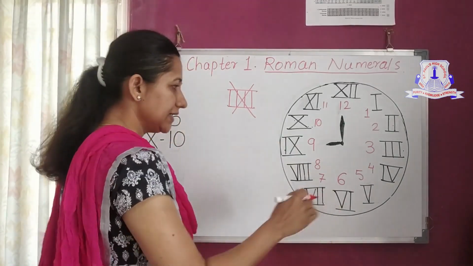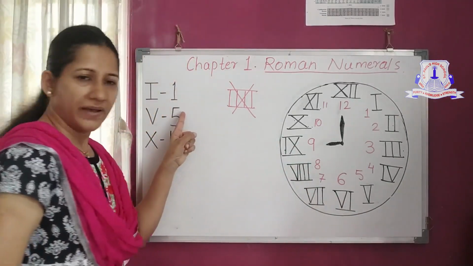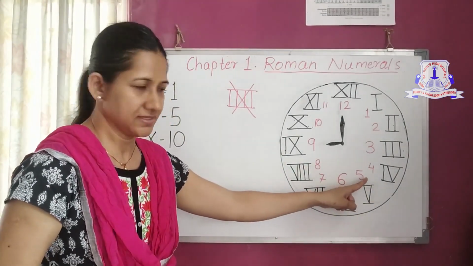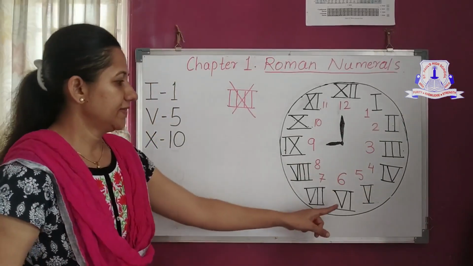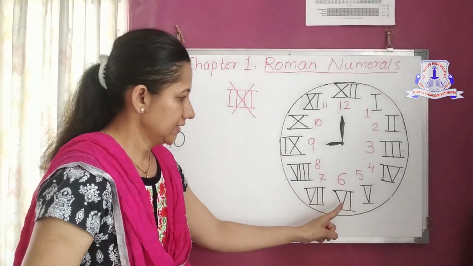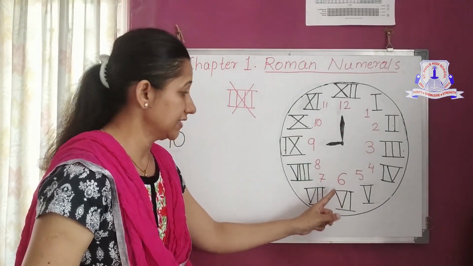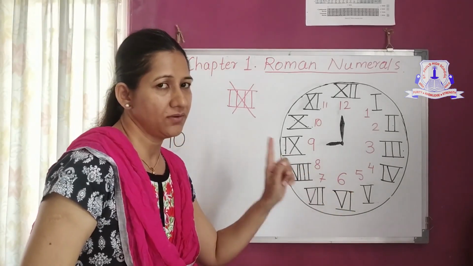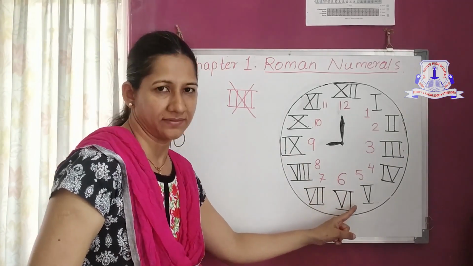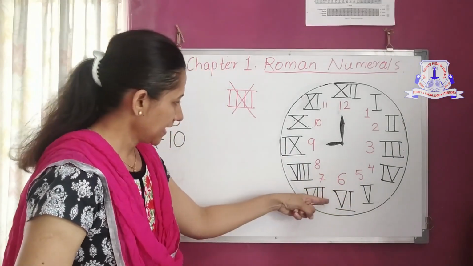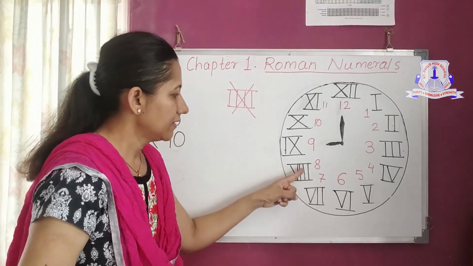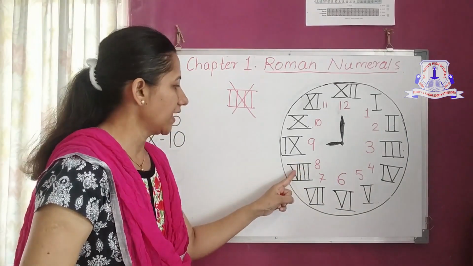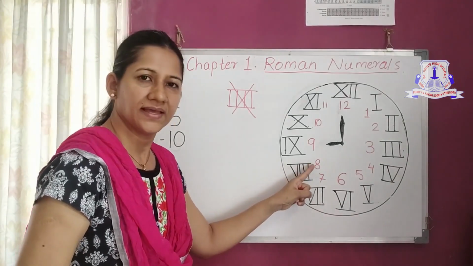Similarly, V is used to represent 5. For 6 they have written V, and towards the right hand side one I, meaning 5 plus 1, so that will be 6. Up to three I's they have added to 5, so 5 plus three I's will be 8.